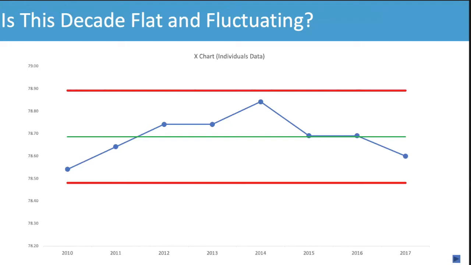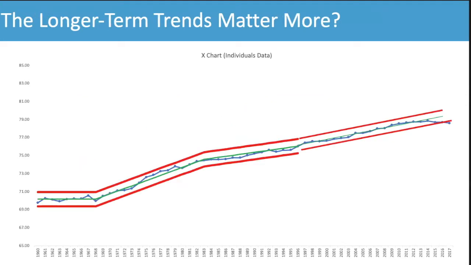We would see a jump up. We would see hopefully some improvement to medicine or technology that puts life expectancy back on a diagonal track. But again, stepping back and looking at the longer term trends, and here I've badly sketched out where those limits would have continued increasing, 2016 and 2017 may have appeared to be a signal where we have a point below the lower limit.